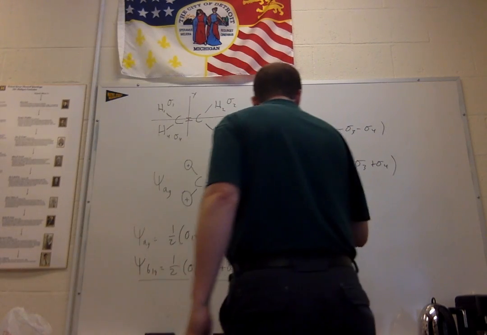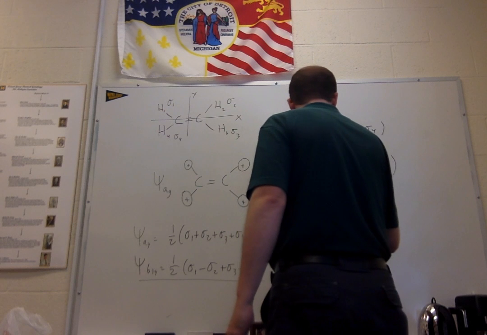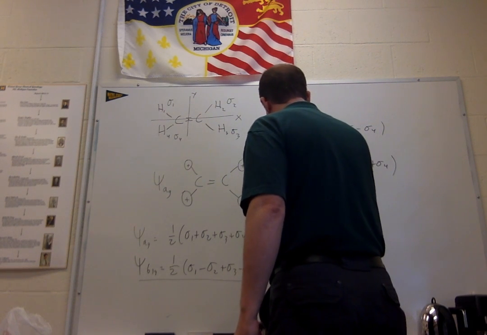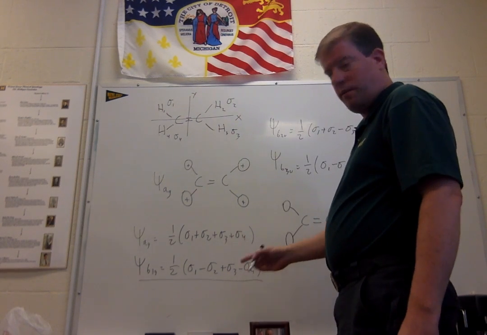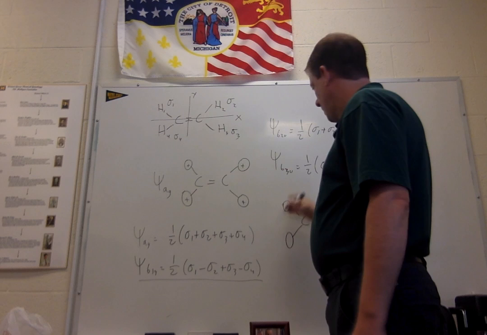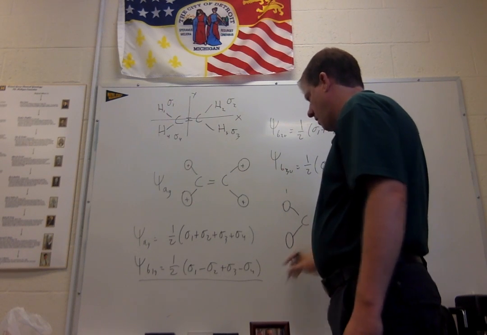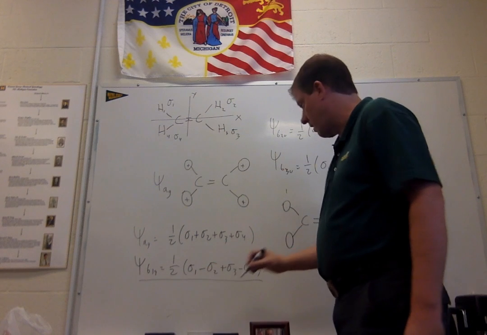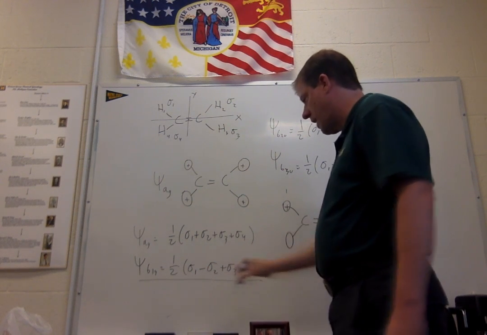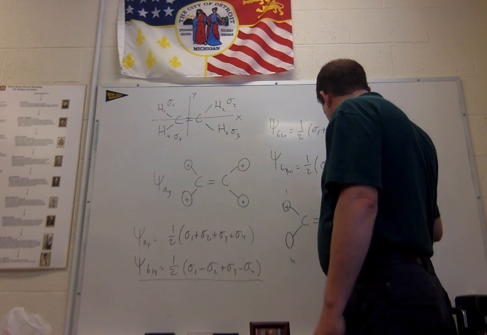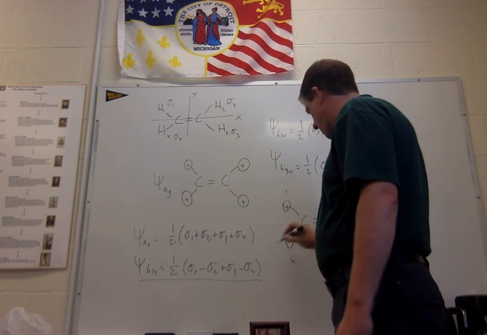What would this one look like? B2G. Or this is 1, 2, 3, and 4. I have a positive sign in front of sigma 1. I have a negative sign in front of number 2, positive sign in number 3, and negative sign in number 4.